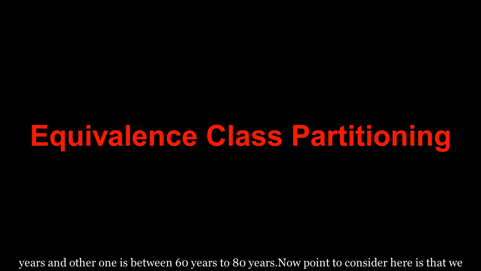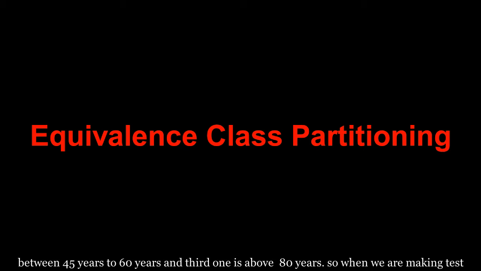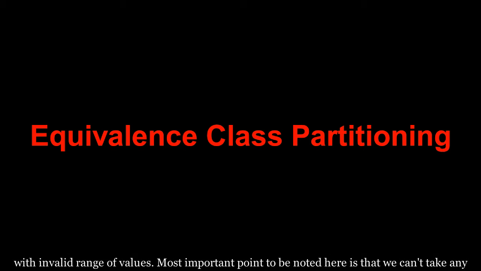Now the point to consider here is that we have invalid ranges of values as well. First one is between 0 to 18 years. Second one is between 45 to 60 years. And third one is above 80 years. So when we are making test cases, we can make two test cases with valid ranges of values and three test cases with invalid ranges of values.